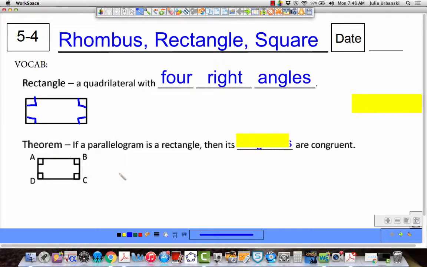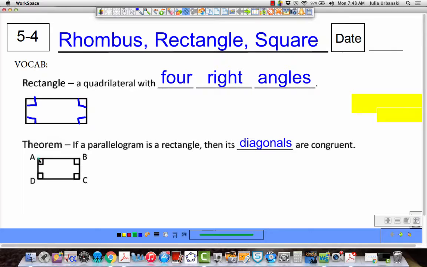All right, so here's a rule about rectangles. If a parallelogram is a rectangle, this is something you didn't know, then its diagonals are congruent. So basically you have 4 equal pieces. The diagonals cut each other in half, but when it's a rectangle, the diagonals are also equal to each other.